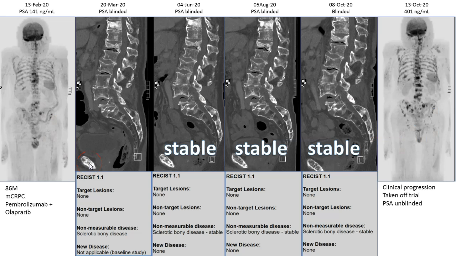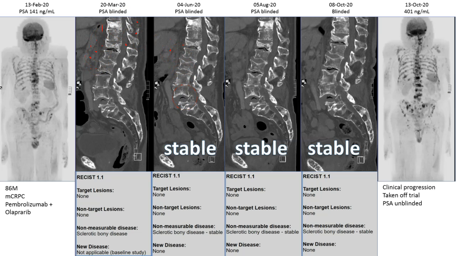So let's look at this 86-year-old man with castration-resistant prostate cancer. He's being treated with an immunotherapy, pembrolizumab, and a PARP inhibitor, olaparib. We can see that we were blinded to his PSA. There's clearly sequelae of previous therapy in the spine.